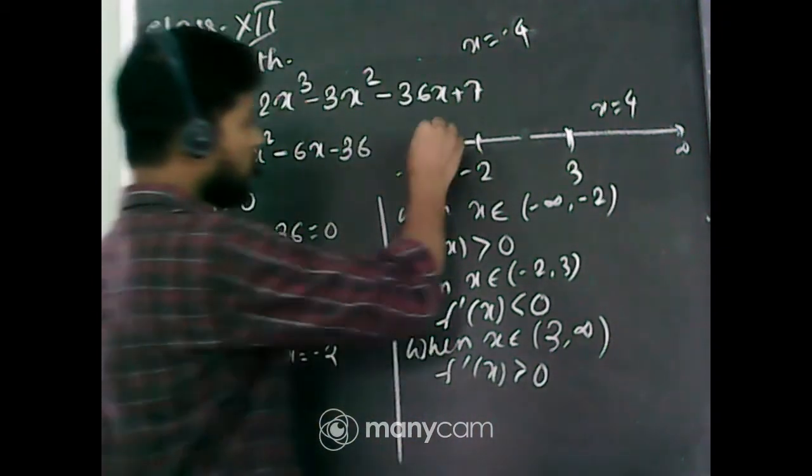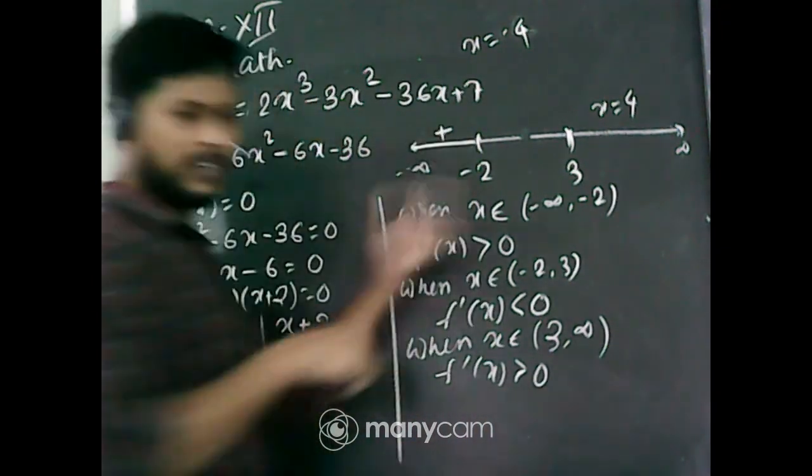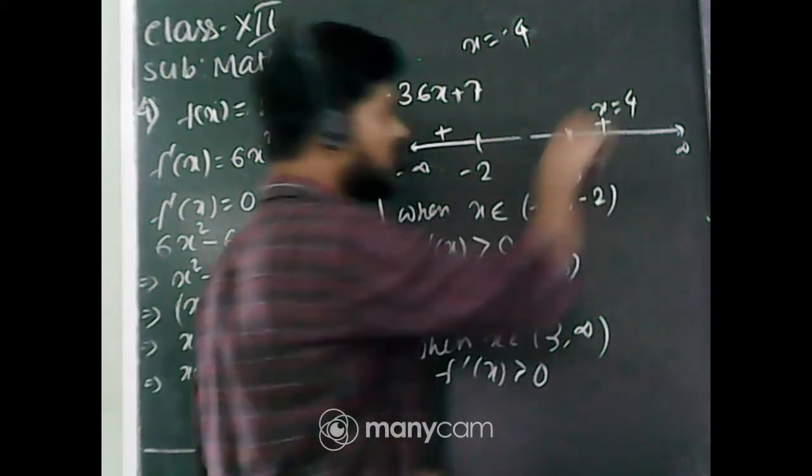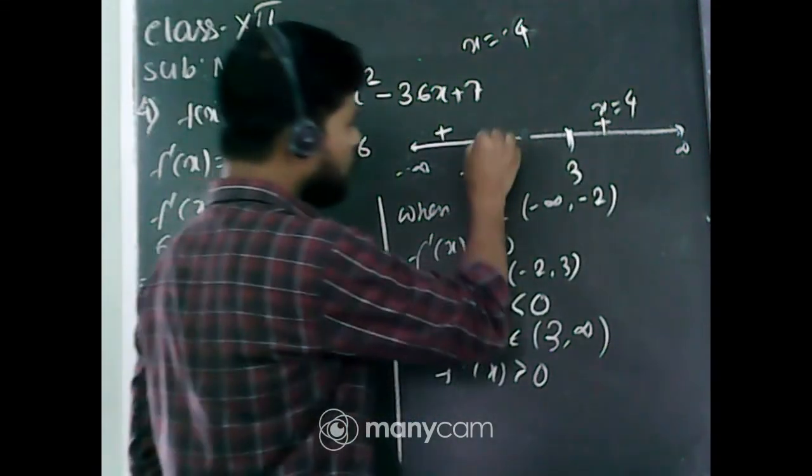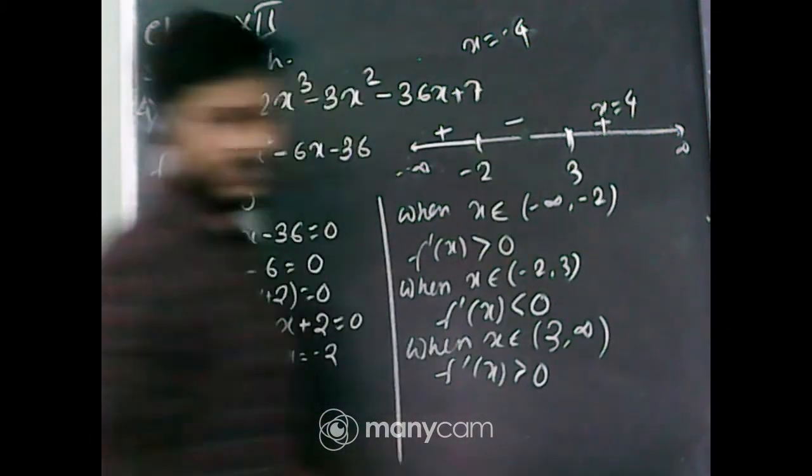Okay, so in this interval the sign is greater than 0, this interval the sign is greater than 0, and between minus 2 to 3 the sign is less than 0.